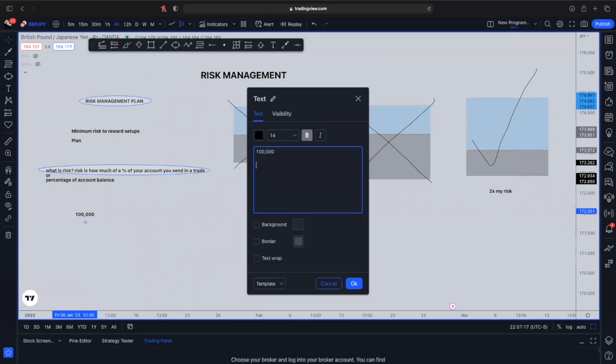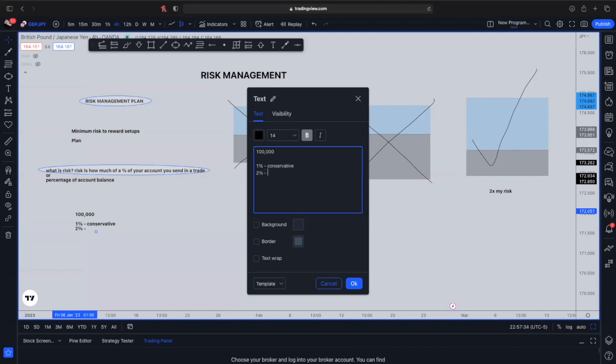Usually 1%. 1% is considered conservative, meaning it's on average. It's a good amount, especially if you're starting a new account.